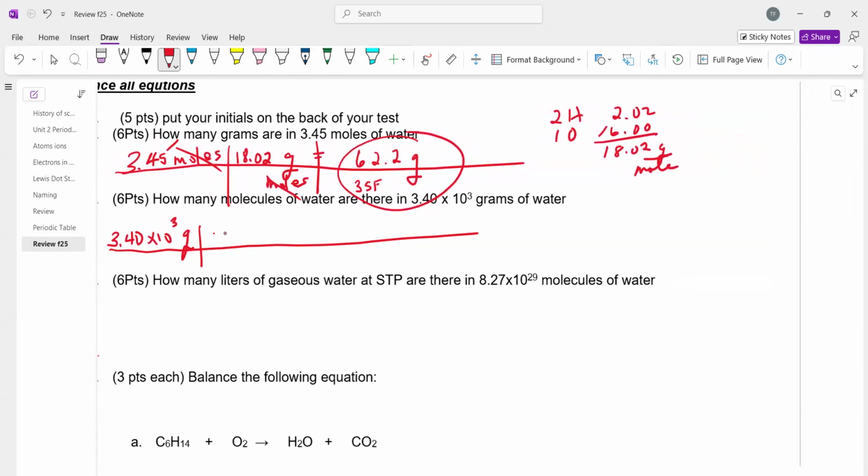That's Avogadro's number, 6.02 times 10 to the 23rd. Okay, but that's a molar relationship, so we need to get to moles first. Okay, that gives us moles. Now we're going to go to number of particles. So moles cancel.